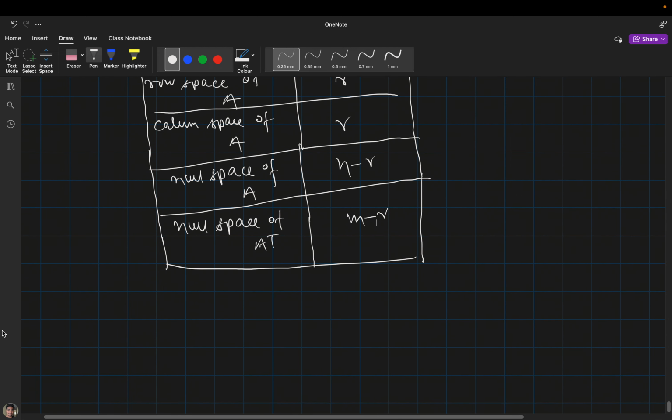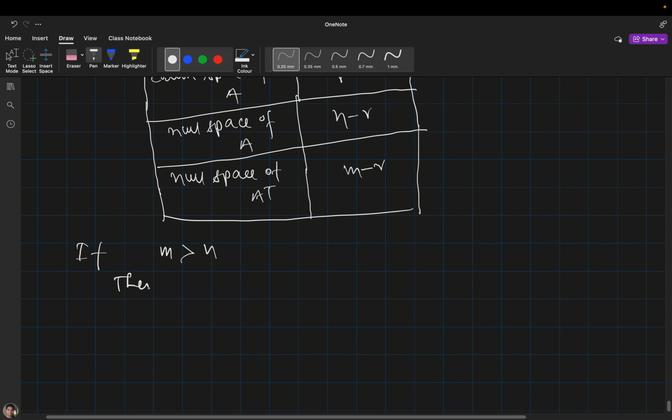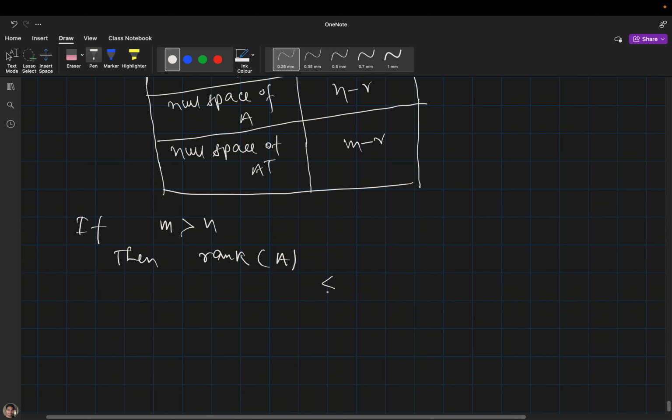Okay, so now there is another thing. If M is greater than N, then rank of A will be what?